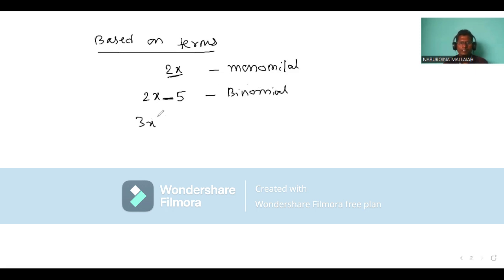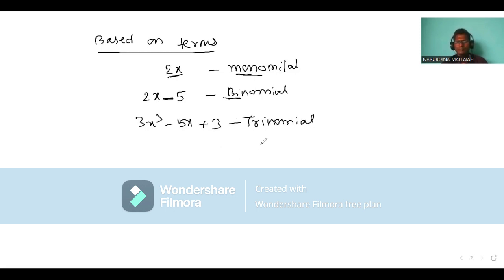If I write 3x cube minus 5x plus 3, this algebraic expression contains three terms. 3x cube is one term, 5x is one term, 3 is one term. So it is called trinomial. Tri means three. Bi means two. Mono means single.